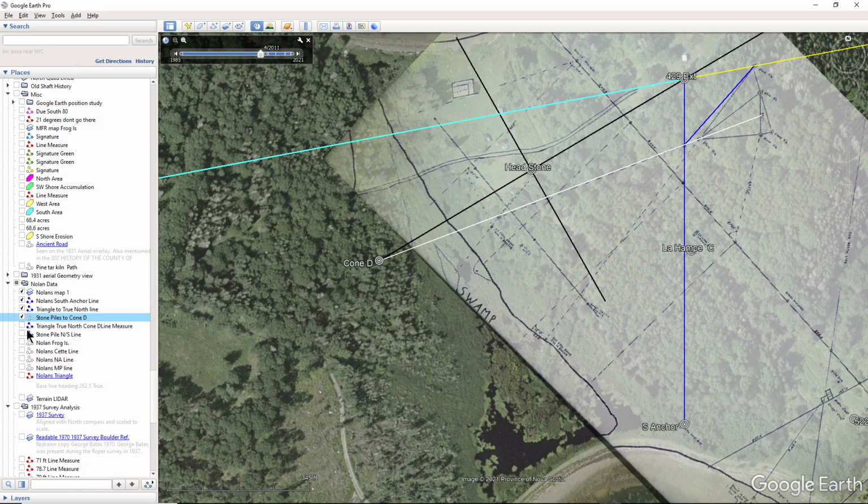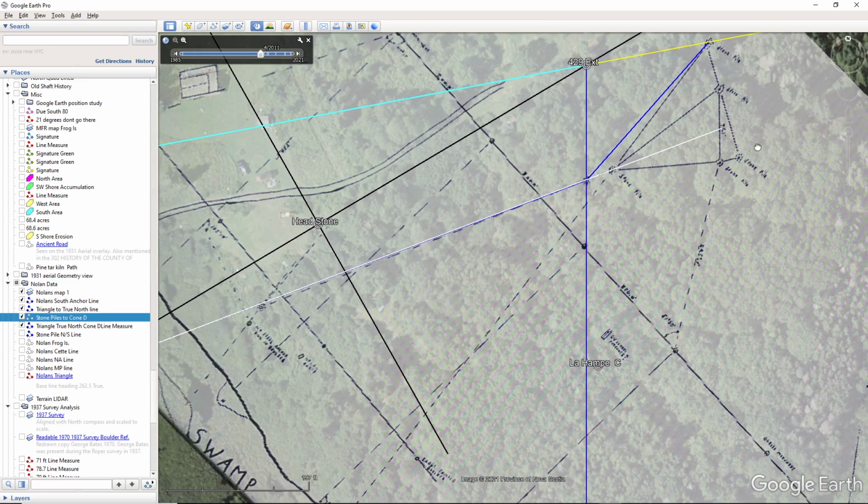And so you can basically say that we have a triangulation here from cone D to there. And we can establish this axis through these 2 points and through this one that came off of cone D, that one right there.